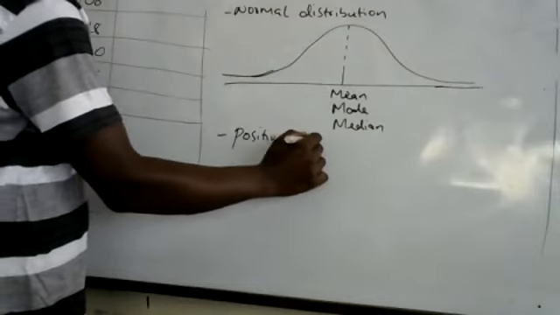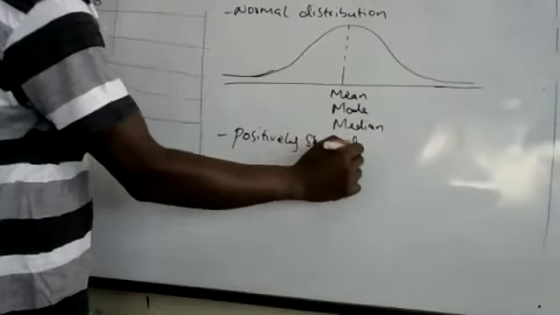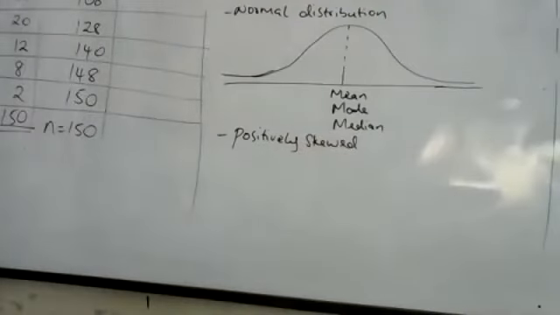Data, or a distribution, can be positively skewed.